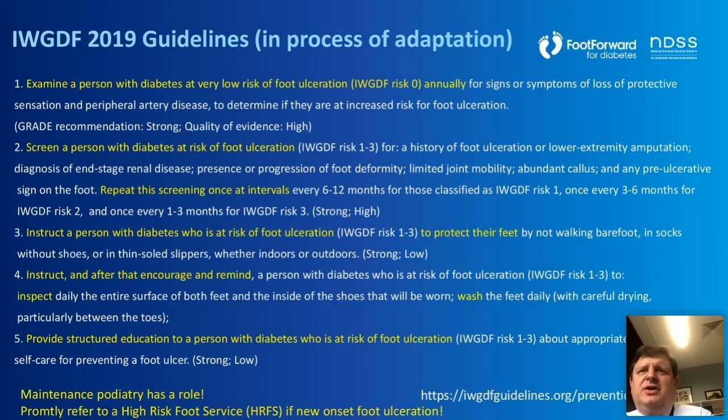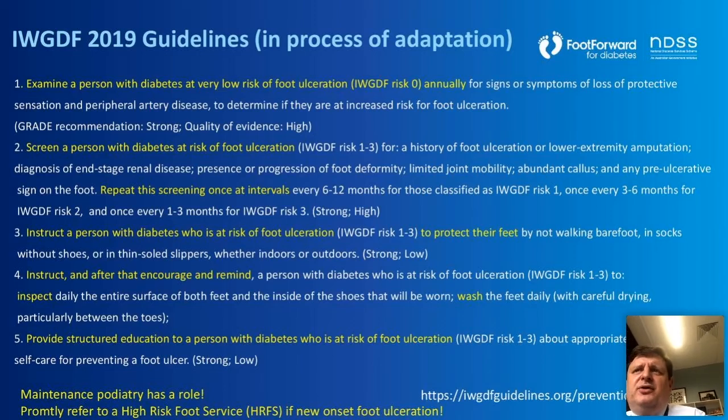But in the prevention chapter in these guidelines, I just wanted to mention these key points. Examine people with diabetes at least annually. If they are at low risk, then they need at least the annual examination. If they're deemed to be at high risk of foot ulceration, for example, with polyneuropathy or arterial disease or history of ulcer or amputation, then the screening needs to occur more frequently, and usually podiatry would be involved in foot care maintenance.